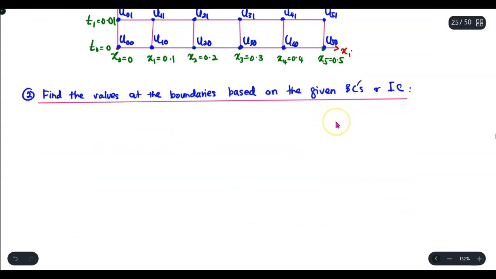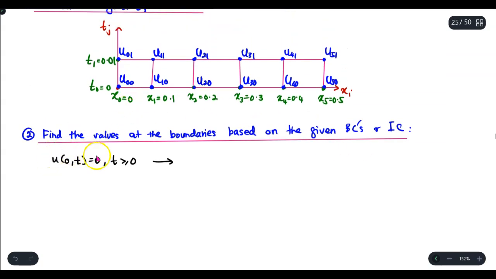Based on our grid, we need to identify the nodes involved. u(0,t) equal to 0 simply means the value of u is 0 when x is 0, regardless of the value of t.